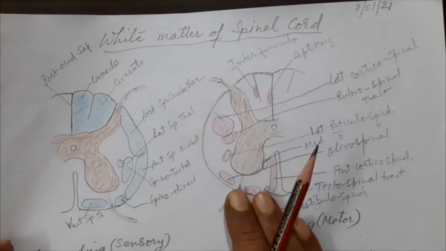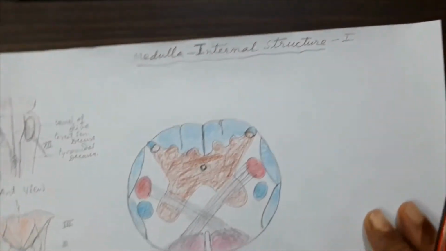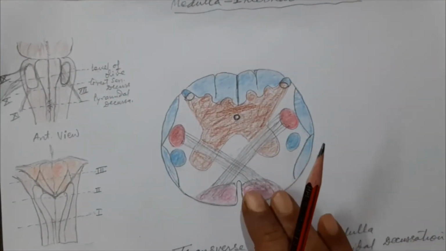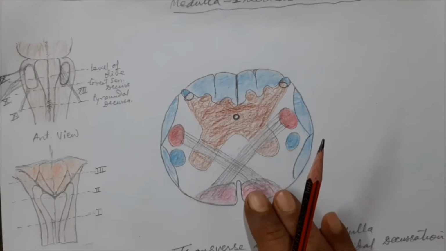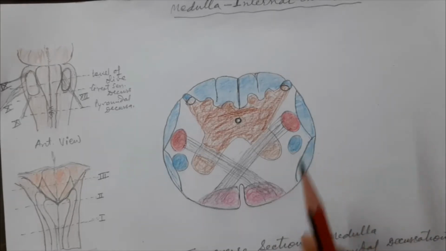Once you have understood this, let us come to the lowest section of the medulla. This section is a transitional section, at the junction of the spinal cord and the lower medulla, and from this section onward the medulla will show a lot of changes.